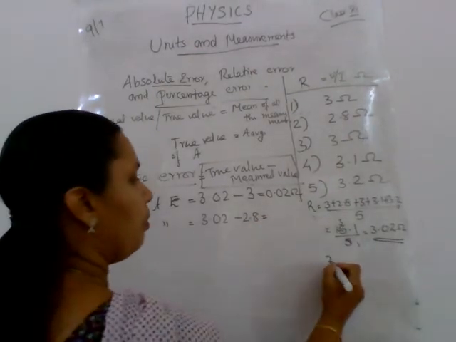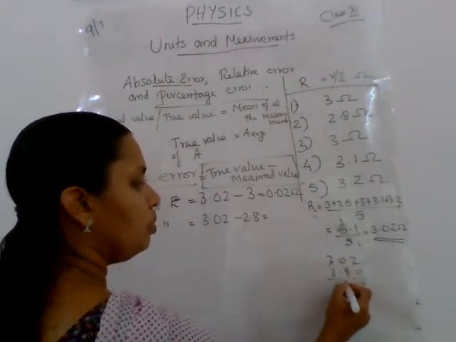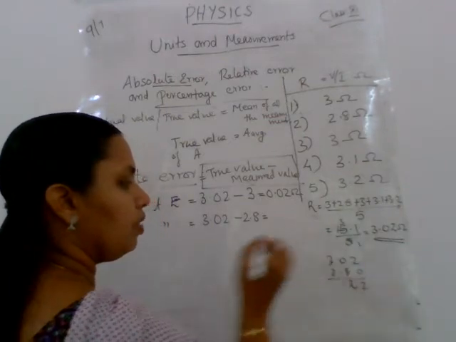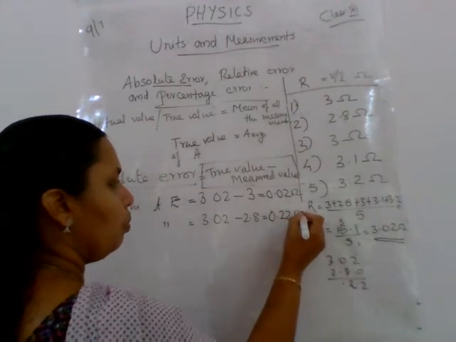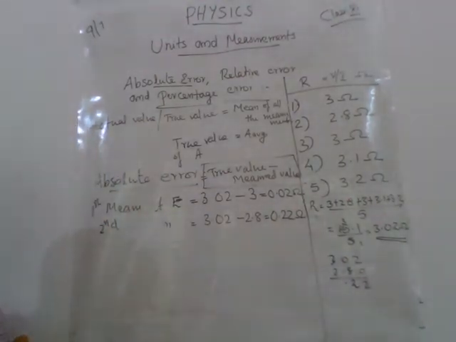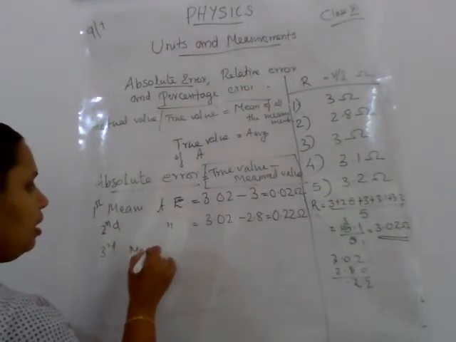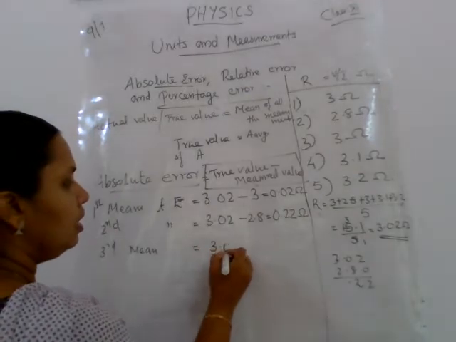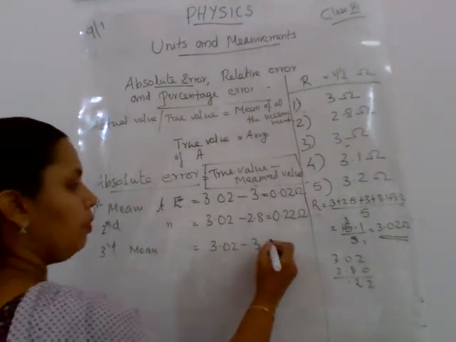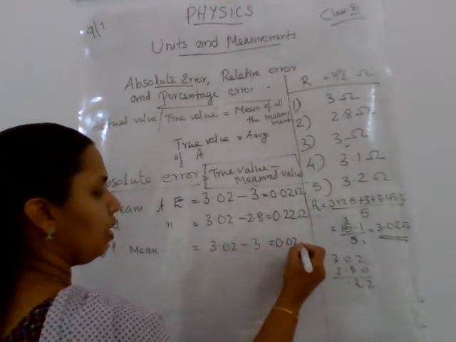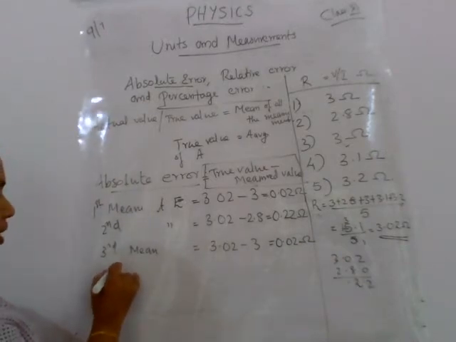It is 0.22 ohm. And in the third measurement, what is the absolute error? The third measurement is 3, so it is 3.02 minus 3, again 0.02 ohm.